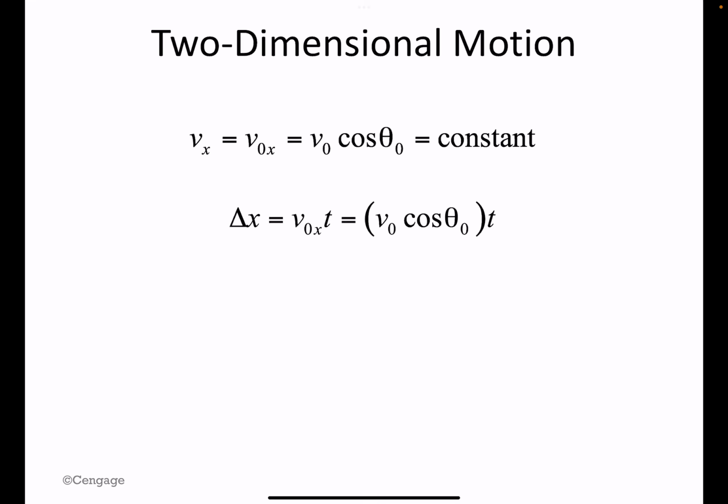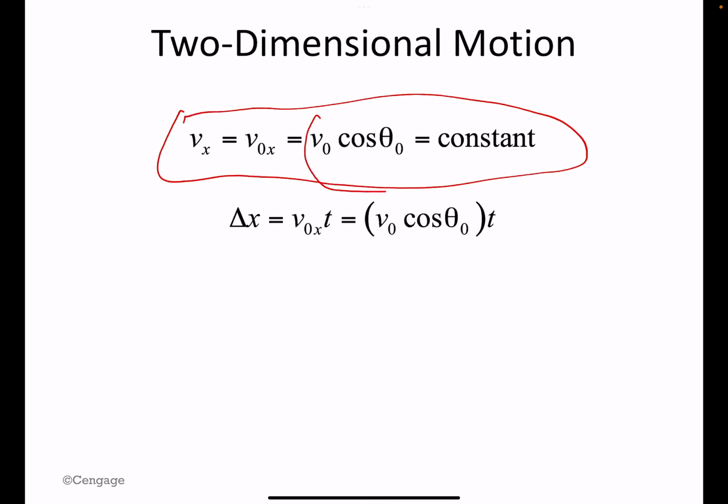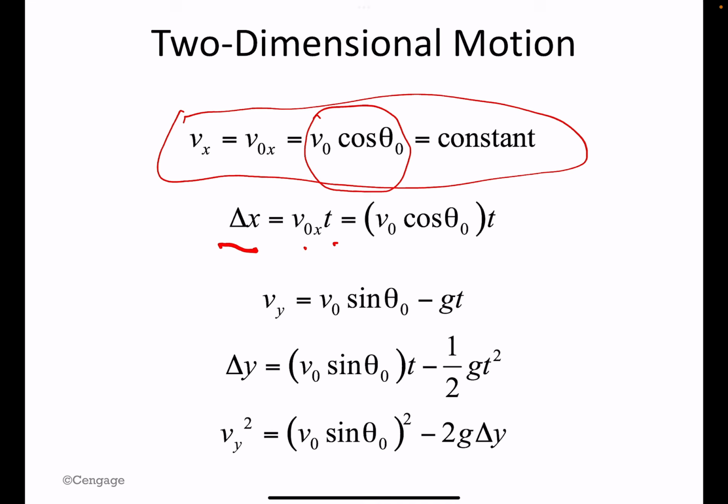So velocity in the x direction should remain a constant and equal to the initial velocity in the x direction. And the equation of motion is simple, just the displacement equals velocity times time. However, in the y direction, we need to apply the kinematic equation for constant acceleration we learned. Replace all the acceleration in the y direction with minus g.